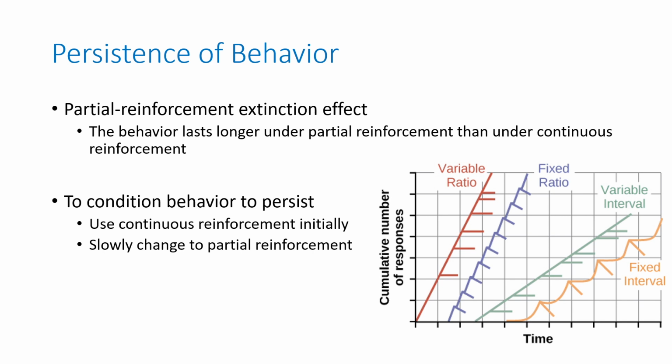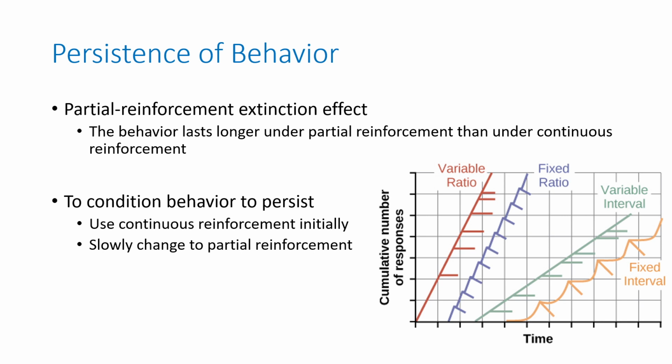So if you are given a reward every single time you do a task, when you then don't get the reward, you can instantly go, well, hey, something just changed. I guess I'm not getting rewarded anymore. On the other hand, if there is some type of time or number of behavior interval in there, just because you did the task and you don't receive a reward that time doesn't mean that you're not going to receive a reward in the future.